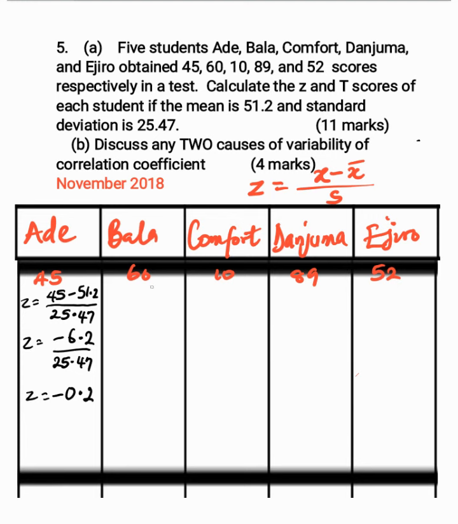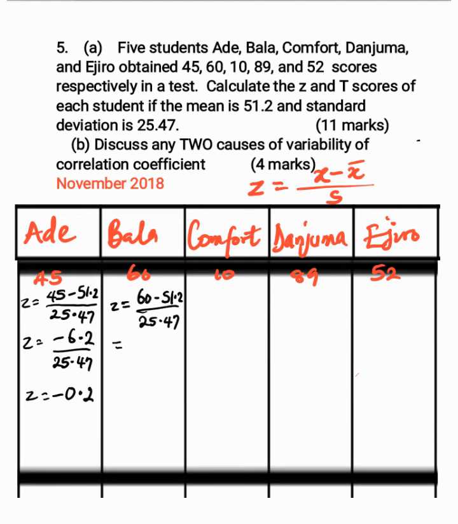Now for Bala, we're going to have the z-score equal to the raw score, which is 60, minus the mean 51.2 over the standard deviation 25.47.